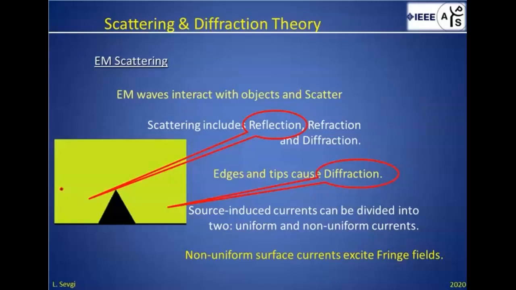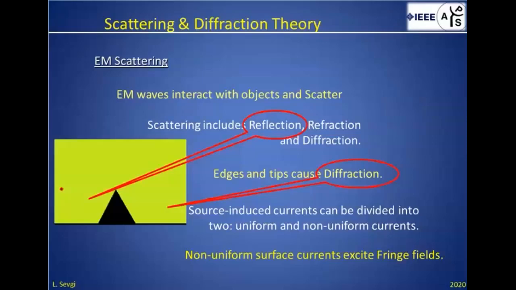But basically, scattering includes reflection, refraction, and diffraction. We also have some other traveling waves, surface waves, whispering gallery waves, but basically, as electromagnetic engineers, we deal with reflection, refraction, and diffraction.